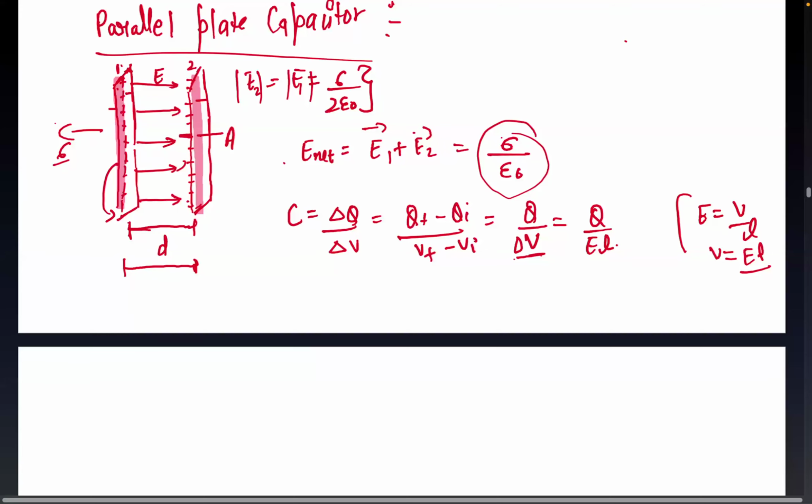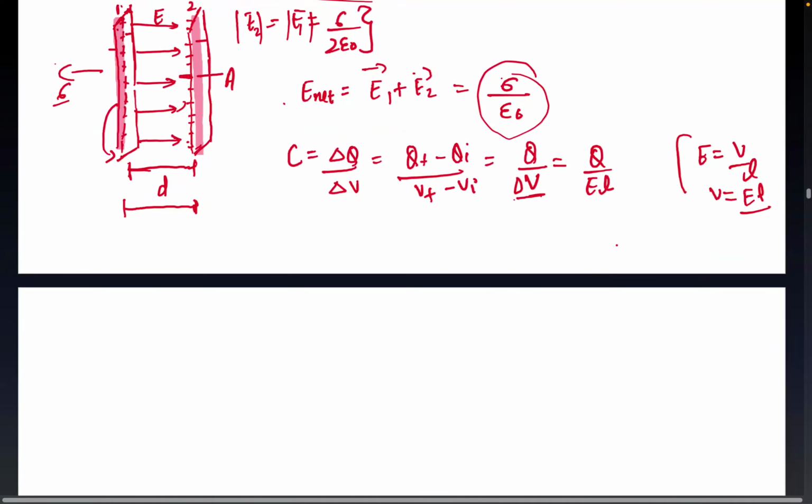Now what can I do further? I have got the distance already, call it D. What else do I need here? That is E. You know the value of E? E is nothing but sigma by epsilon naught, multiplied by D. You know what sigma is?